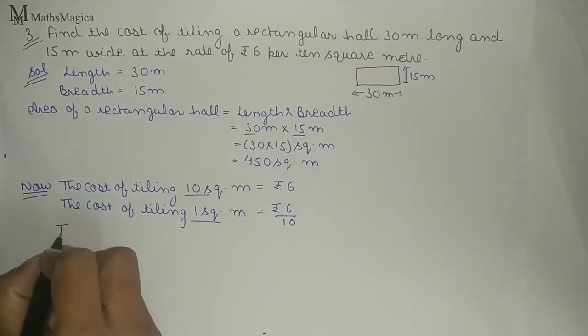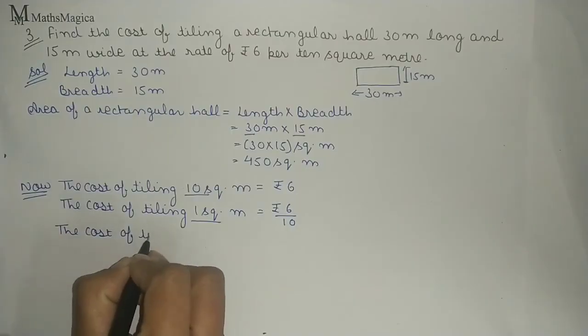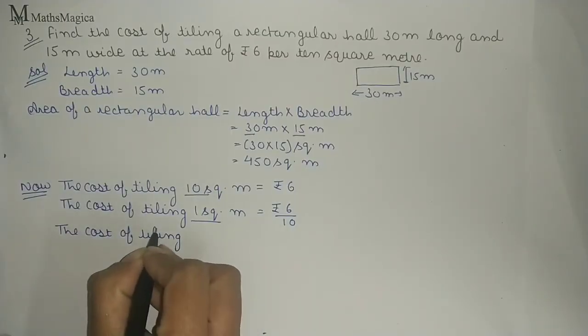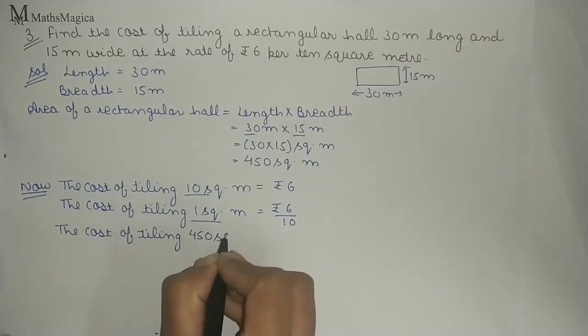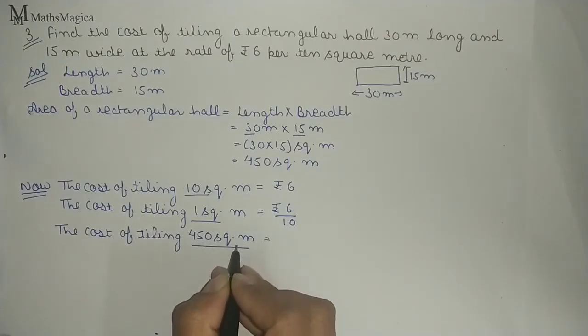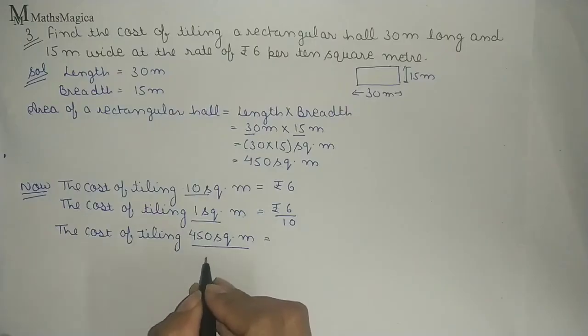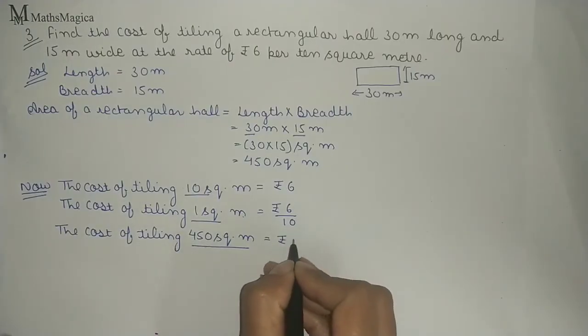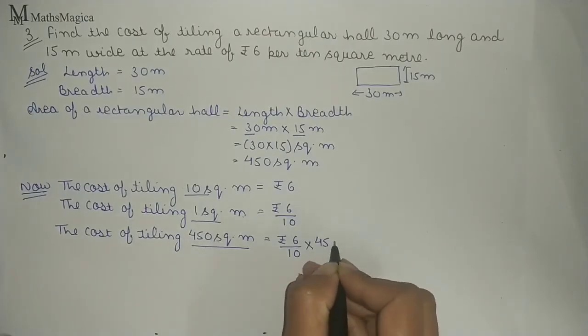The cost of tiling 450 square meter is equal to 1 square meter to 450 square meter. You are moving from minimum to maximum number. That time you will multiply. Rupees 6 divided by 10 multiply with 450.